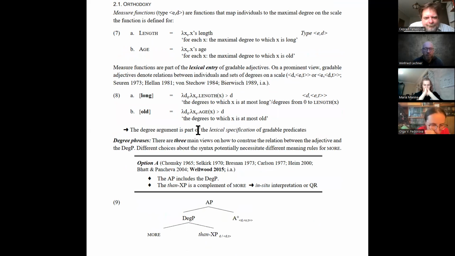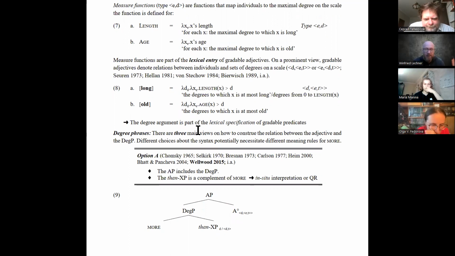In the view that I just spelled out, where measure functions are part of the lexical specification, you have 3 different ways of combining the adjective with the other 2 relevant parts of the comparative construction. A comparative construction, as we said before, contains a gradable property and a relation and some kind of standard of comparison, which is usually a than clause, for instance, in English.